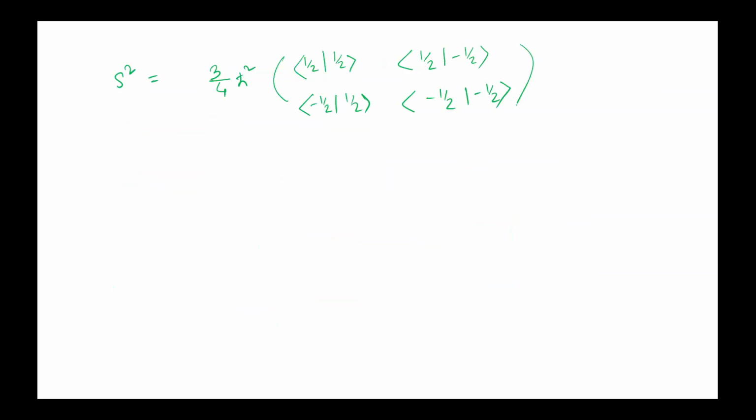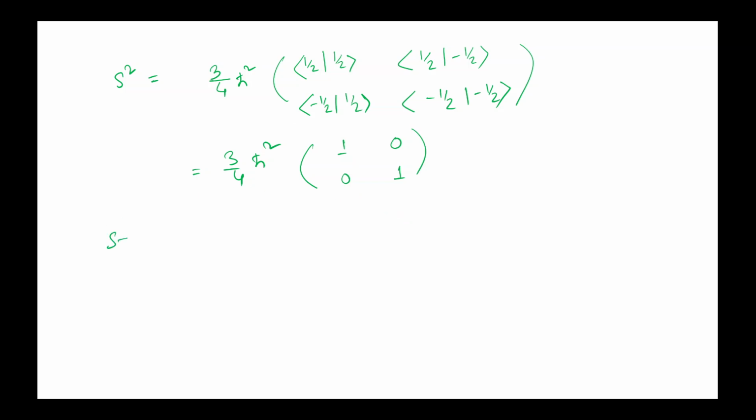So very clearly you have 1 0, 0 1, so you can see that the operator is diagonal in this basis.